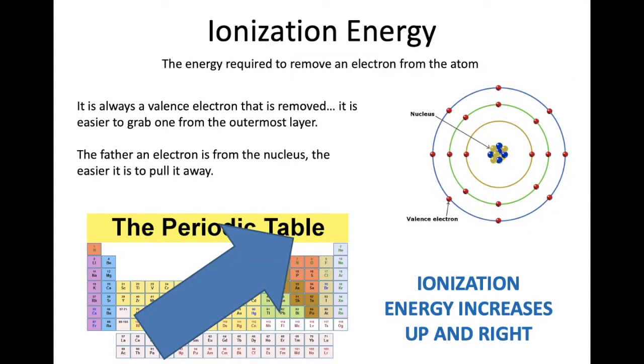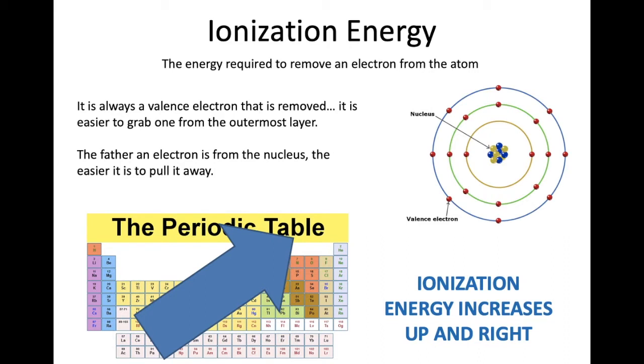To review ionization energy a little bit more, it always has to do with the valence electrons that are being removed. It is much easier to grab a valence electron from the outermost level of an atom than it is to dig deep further in. Some trends that we learned by graphing ionization energies on Monday is we saw that the further an electron is from the nucleus, the easier it is to pull away.